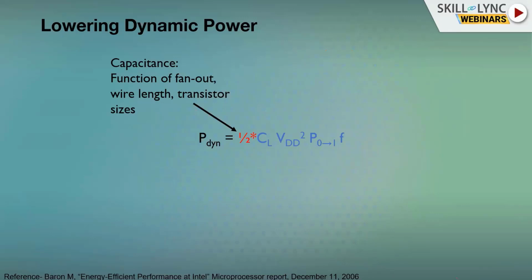Whenever you have a critical path, reduce it as much as possible. Another possibility is transistor sizing. Whenever your transistor is a lower size, your capacitance also gets lowered. And for the fan out, how many gates one output can be driving, reduce that as much as possible, so that your effective capacitance comes down.